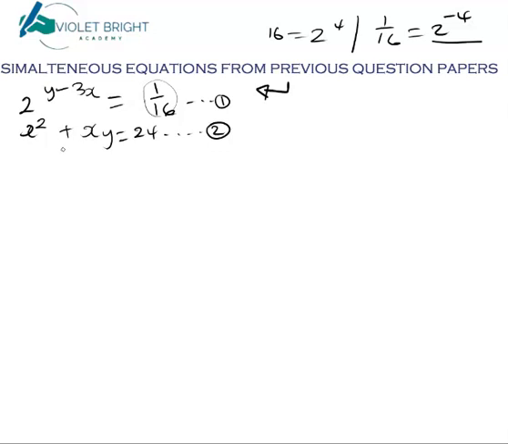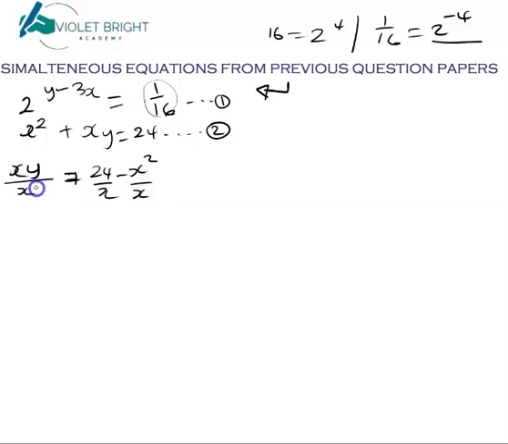This one will be harder. Why? Because this one has an x squared, so definitely you cannot use this one. This one has x and y, so it's a product of x and y. For you to remove one from the other, you would put this on the other side and divide by x, divide by x.